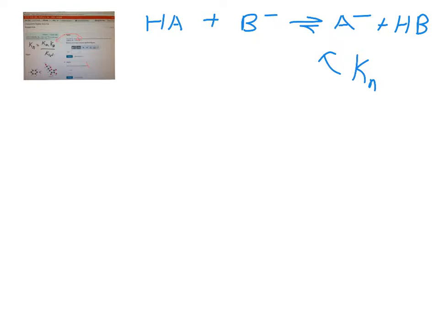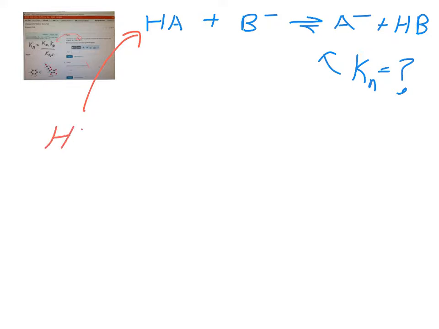The question is, how can we find this value easily? We can do it by using our Hess's law property, or our addition of little reactions. I know that what I really have going on here is a series of two smaller reactions.